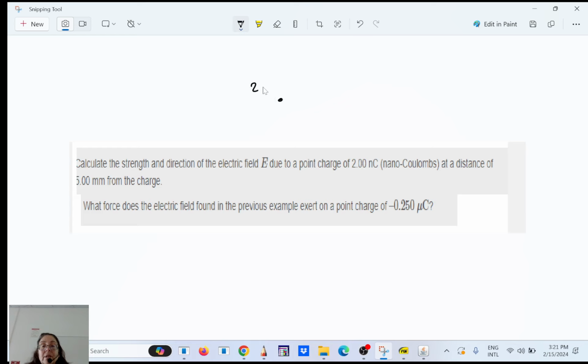So you have a point charge, 2 nanocoulomb. It's going to be the source for an electric field. As you move away from the charge, you see the electric field gets weaker. That's why the lines are farther away.